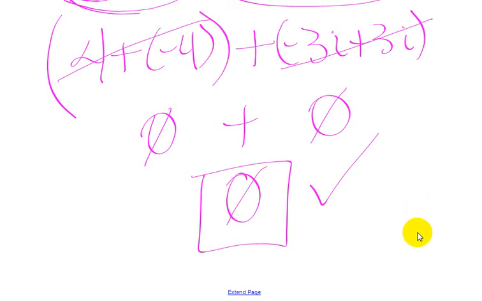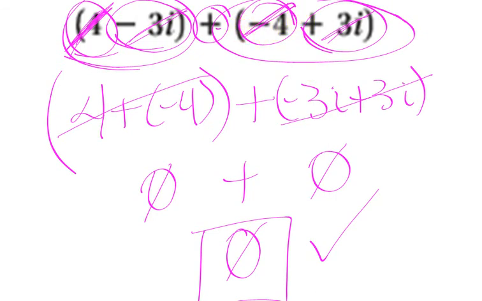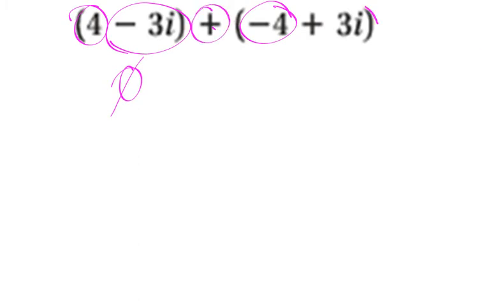When you add something to a term and it causes it to go to 0, that's an additive inverse. So actually these two were additive inverses of each other, because 4 plus -4 is equal to 0, and -3i plus +3i also goes to 0.